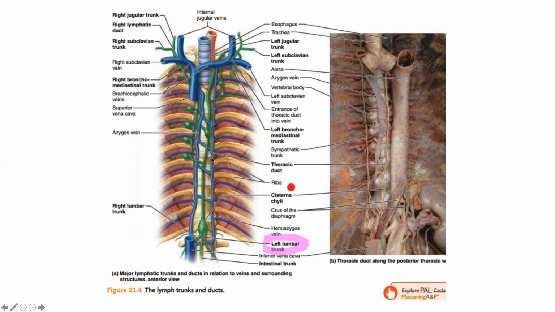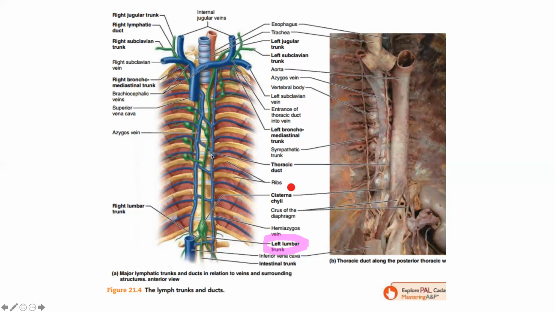And you can see the hemiazygous veins here, which are taking blood from the thoracic wall. You can see the intercostal veins draining the thoracic wall, and they will be coming into the hemiazygous on the left side.